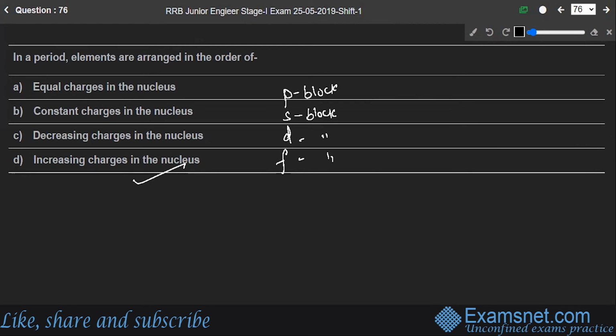P block contained chalcogens, nitrogens, halogens, inert gases.